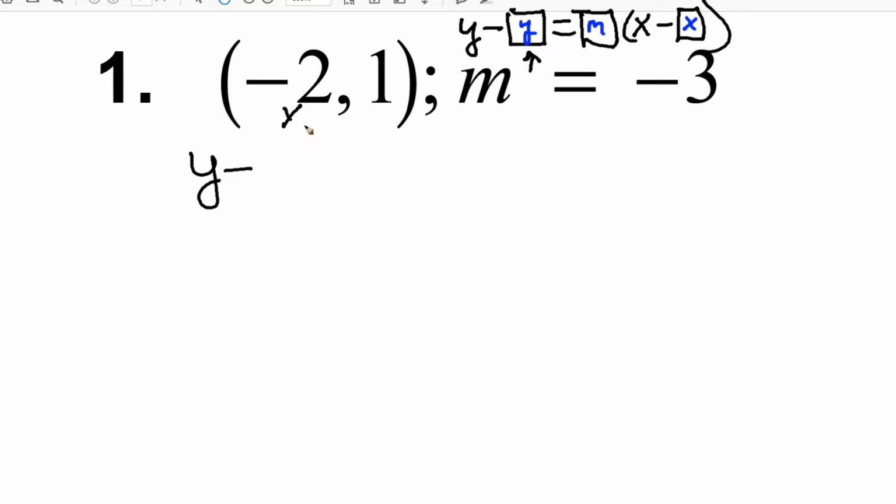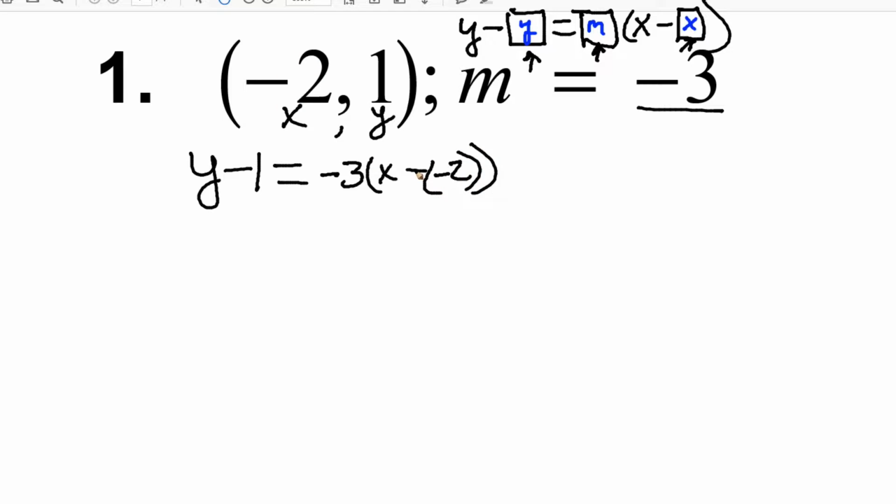If you remember, this is x comma y. So here's our y value. So y minus 1 equals, what's our slope? Our slope is next, so our slope is -3 times x minus, and what's our x value? Now we're over here at x. Our x is -2, so we'll plug that in, -2. Make sure to put that one in parentheses.